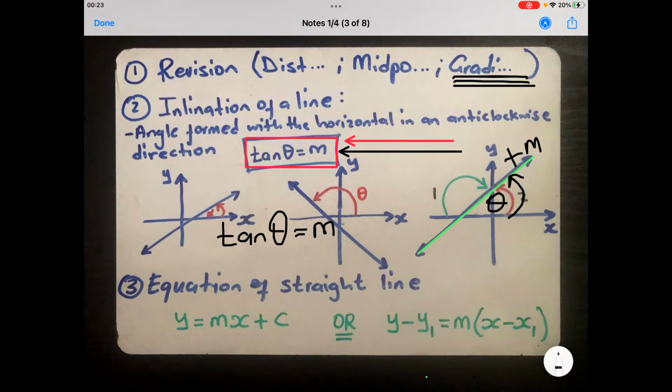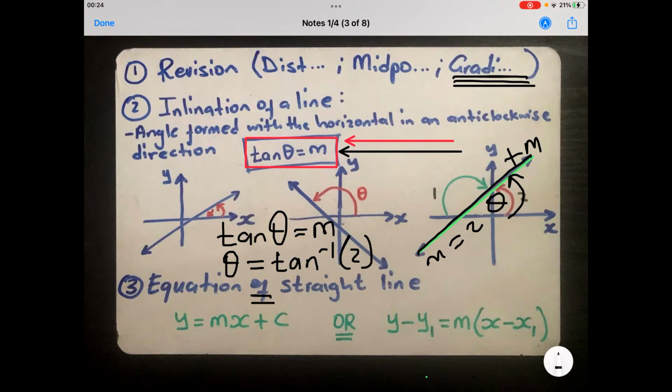And then once you have determined the gradient of that line, I'm just going to make an assumption that let's say it is 2. Obviously, it has to be a positive value, so positive 2. So that means you're going to say angle of inclination is equal to, on your calculator, second function of tan of the gradient, which is 2. You punch that on a calculator and it gives you an acute angle in degrees.